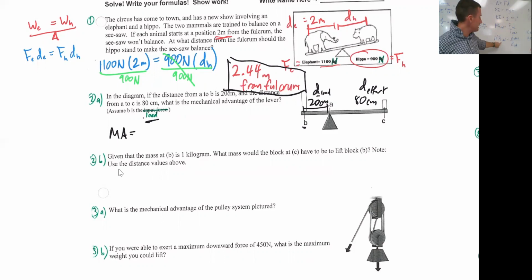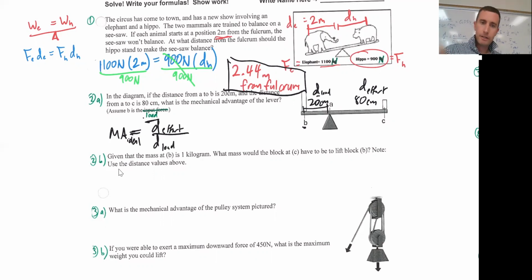And then mechanical advantage ideal. So I'm going to do mechanical advantage ideal because I have a distance of the effort divided by a distance of the load. All right, so the distance of the effort over the distance of the load, I can plug in those values. That would be 80 centimeters divided by 20 centimeters.